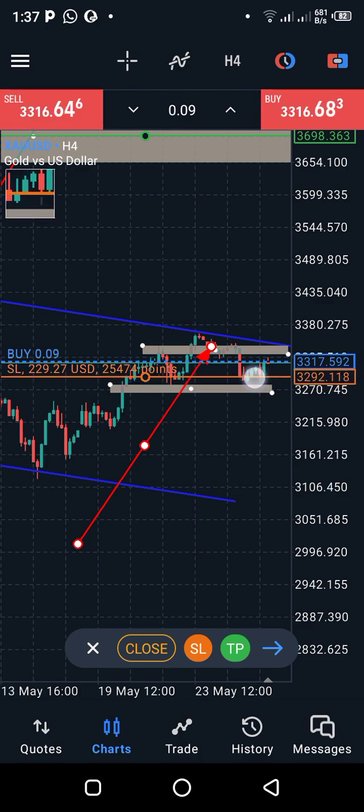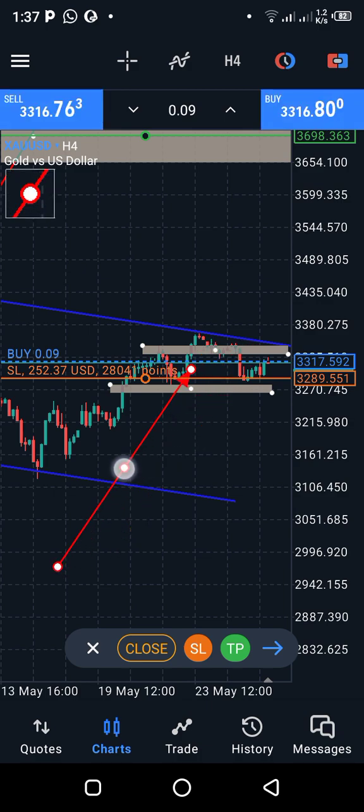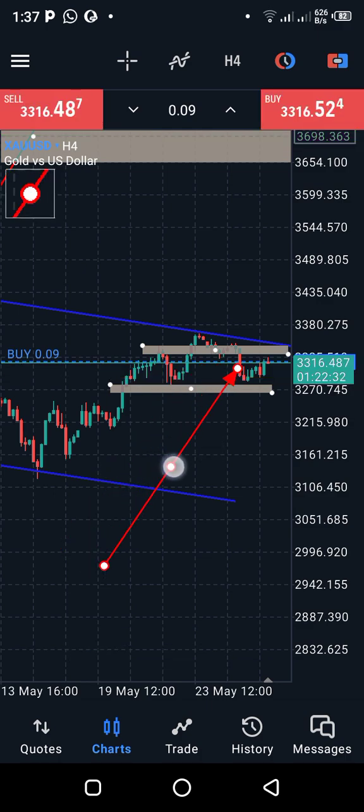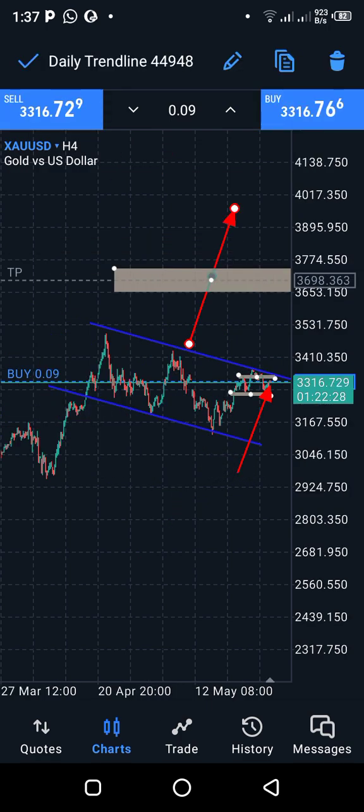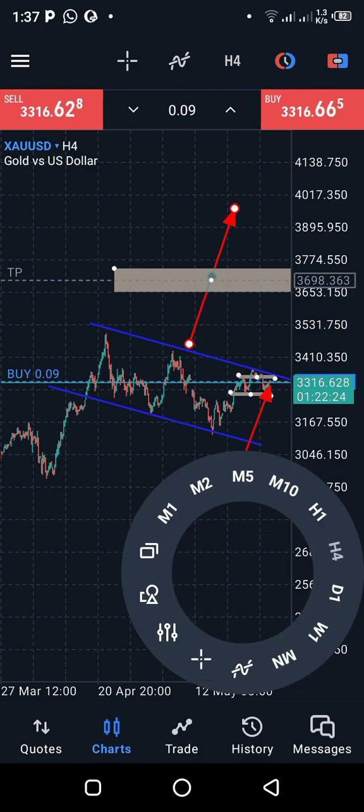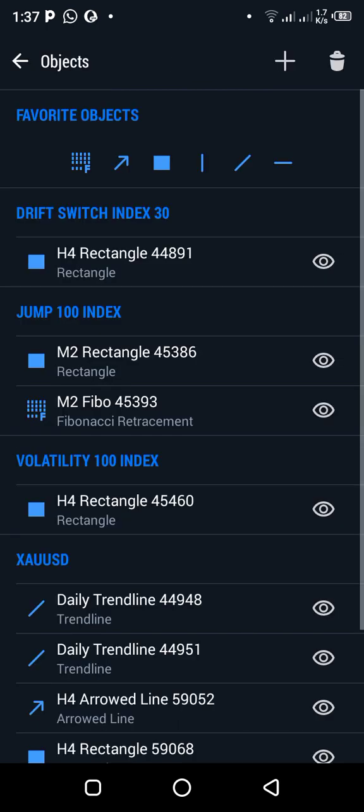So if market comes to that zone, I'm willing to get out of the market because I don't see any other reason I should be in the market. Remember, this is a bullish flag. In most bullish flags, market will tend to find the extreme demand zones.